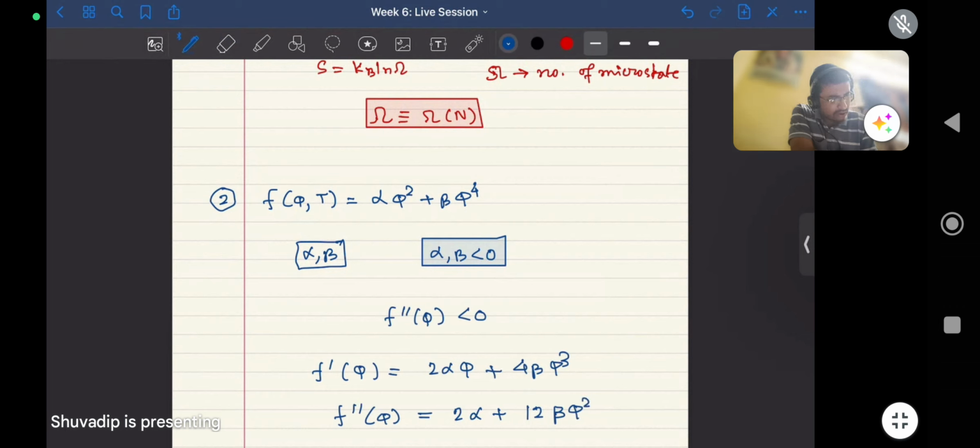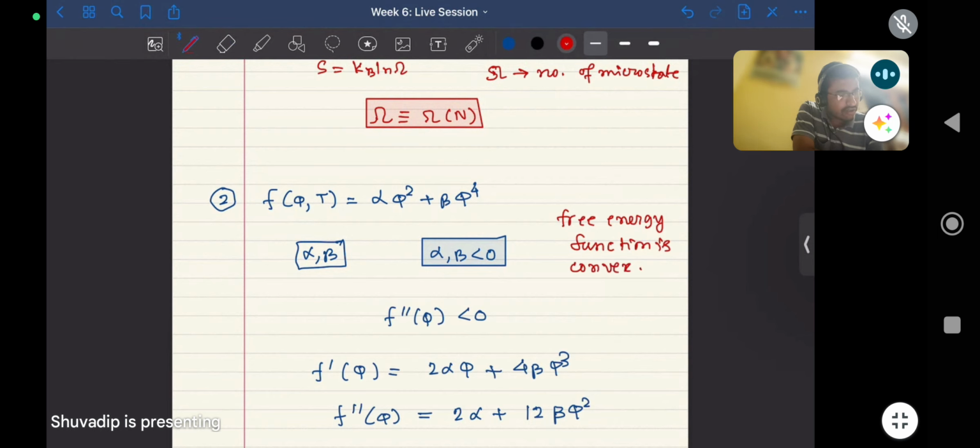Now we can clearly see that phi squared is always greater than 0, so if alpha and beta are less than 0, then this quantity is definitely less than 0. If f double prime is less than 0, and the free energy function is convex, then it will definitely phase separate.